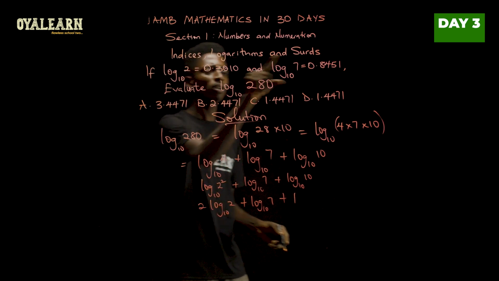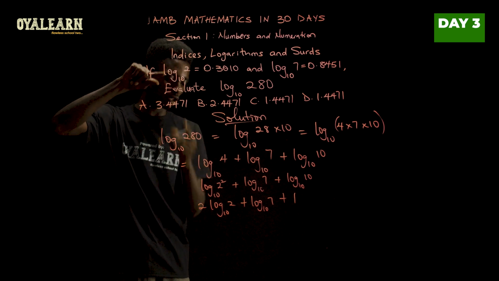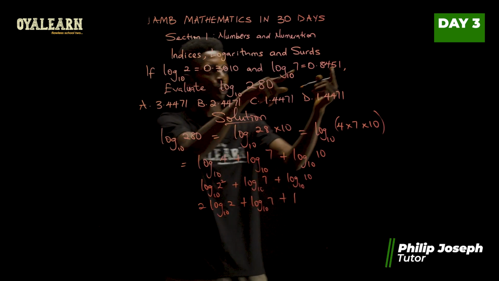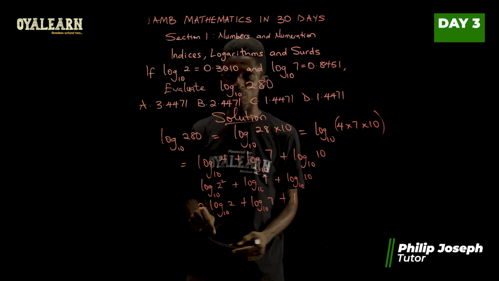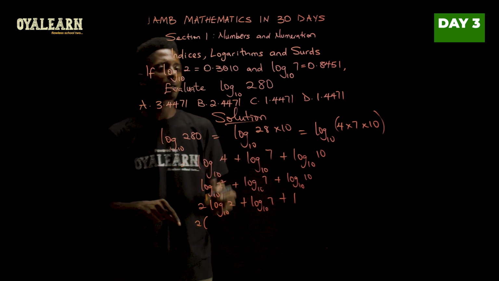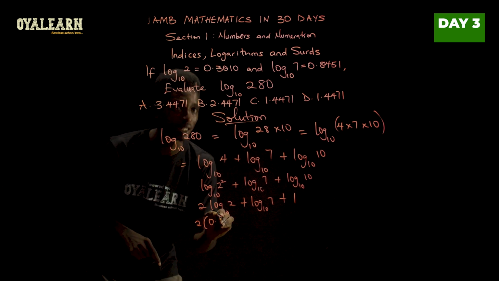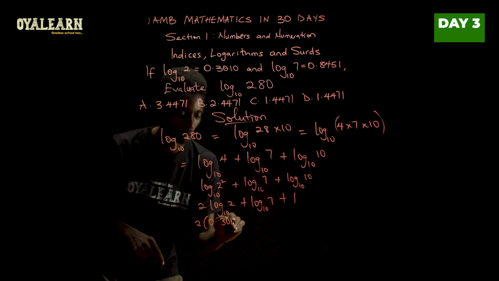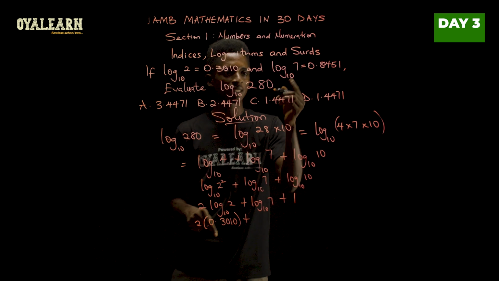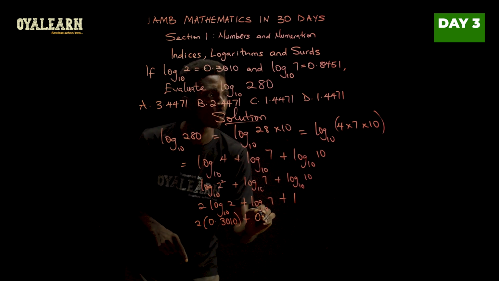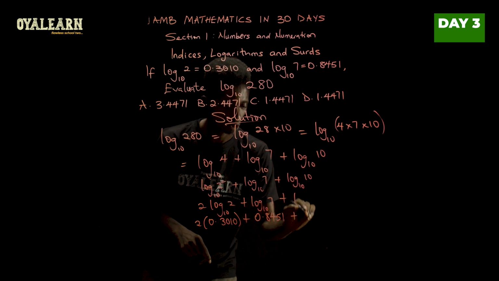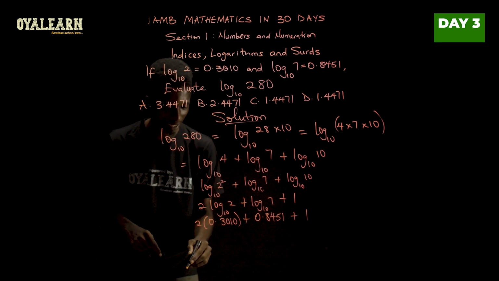Now, from the question, they've already stated what log base 10 of 2 is and what log base 10 of 7 is. So we just bring their values into this expression. So we then have 2 into bracket log base 10 of 2, which is 0.3010, plus log base 10 of 7, that is 0.8451, then plus 1.